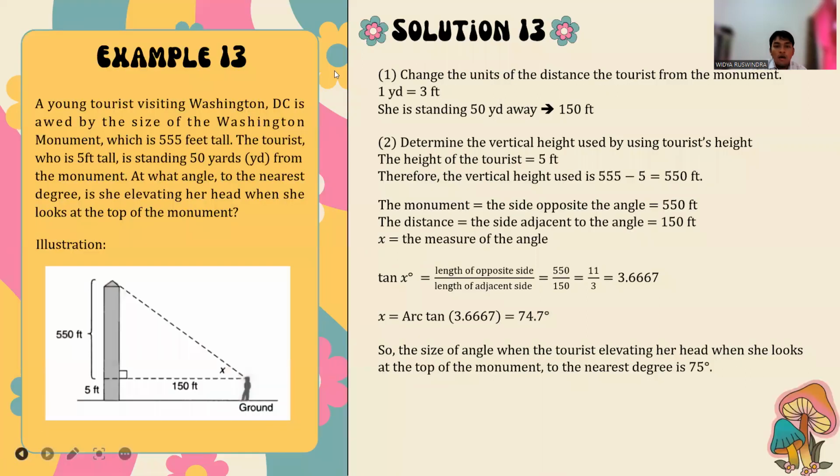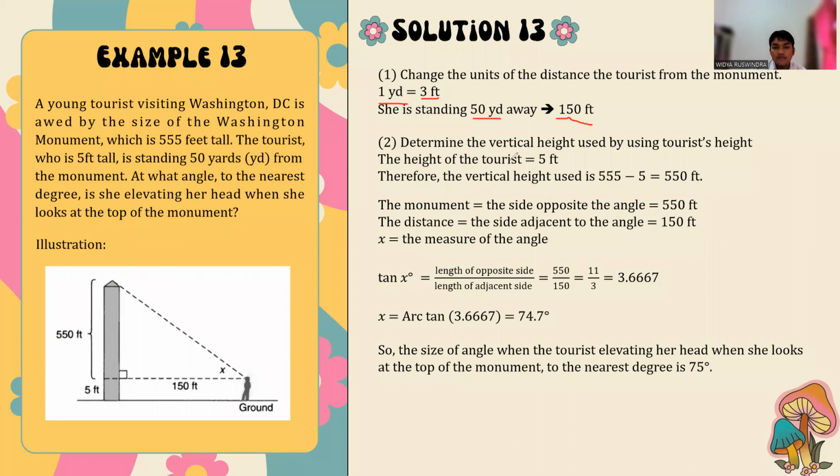This is an illustration of the monument from the example. First, change the unit of the distance. The tourist's distance from the monument is 50 yards, and 1 yard is equal to 3 feet, so standing 50 yards away is equal to 150 feet. Next, determine the vertical height by using the tourist's height.